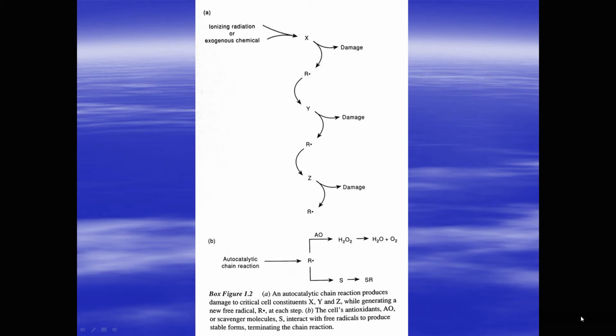This slide illustrates an important aspect of the formation of radicals, the self-propagation of free radicals, autocatalysis. After being formed, they interact with other molecules to produce damage and to produce more and more radicals. Thus, this is a self-catalyzed chain reaction. How is it stopped?